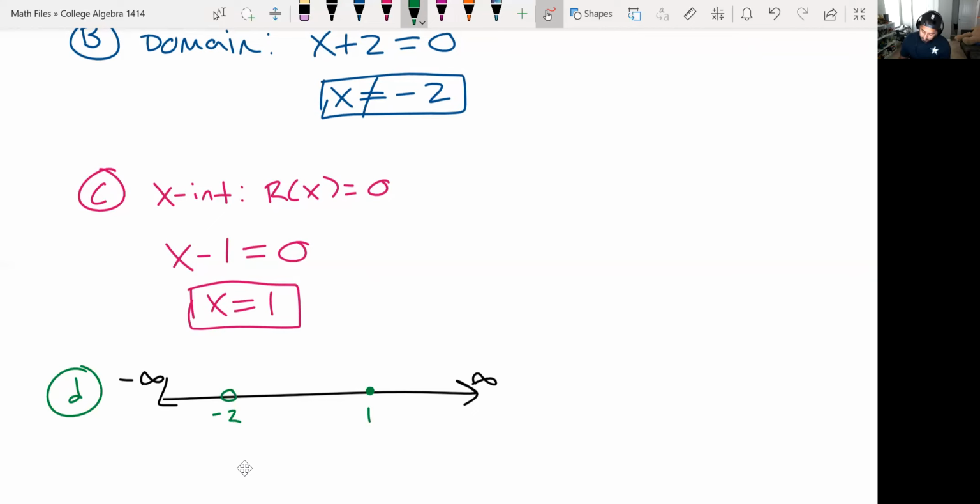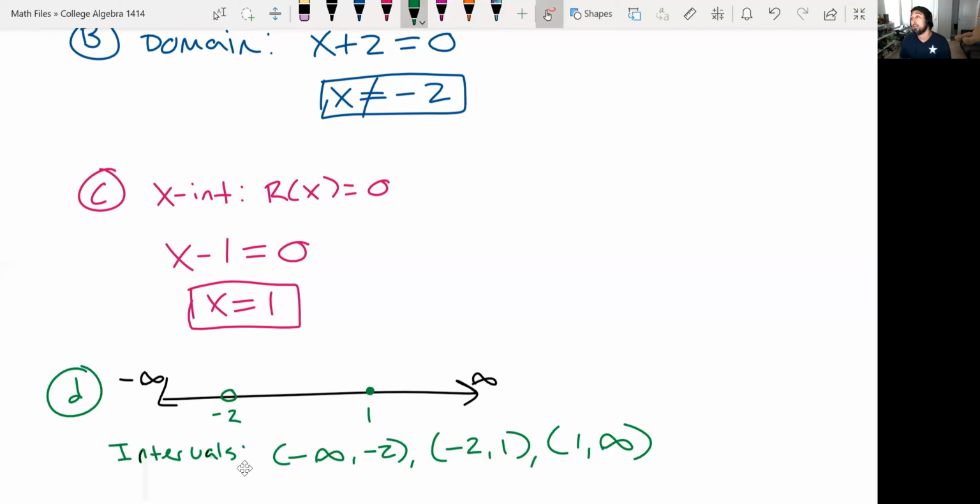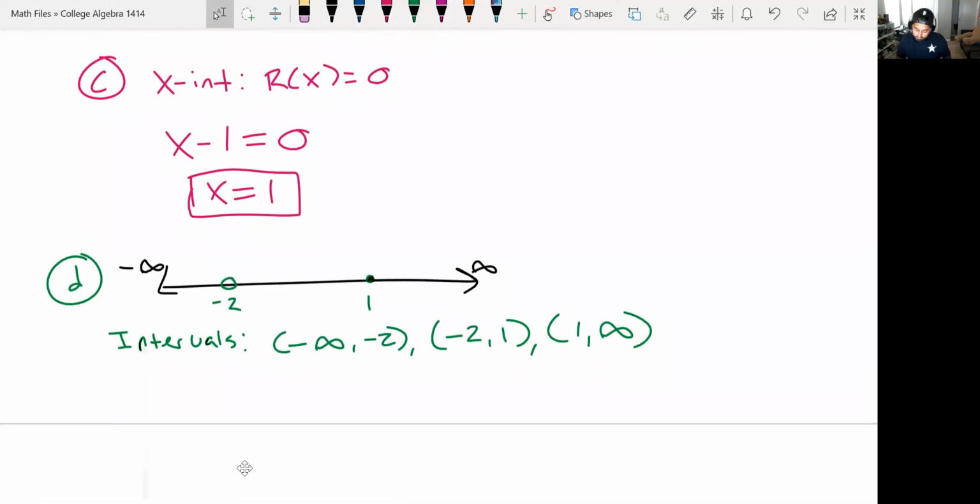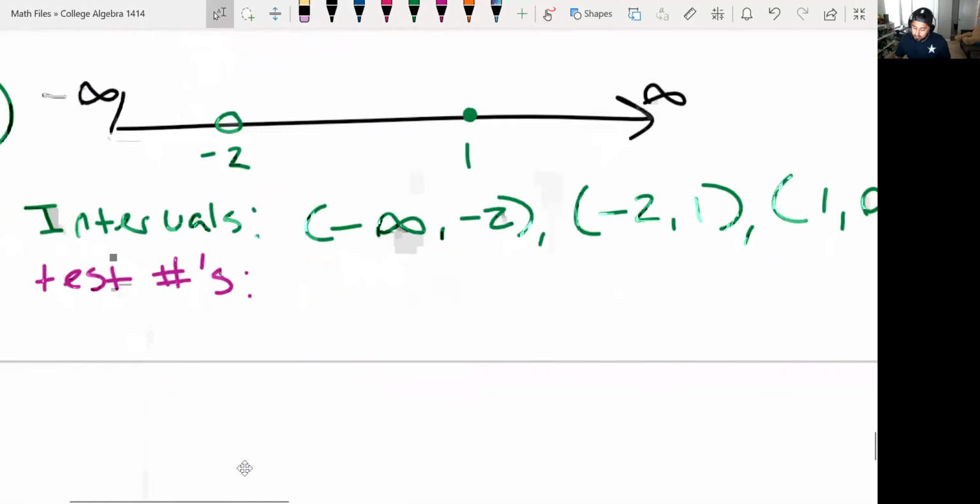Okay. Intervals. You have negative infinity to negative 2, negative 2 to 1, and then 1 to infinity. All right. And now we pick test numbers. Zoom in.